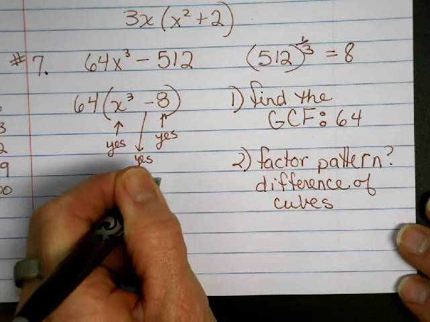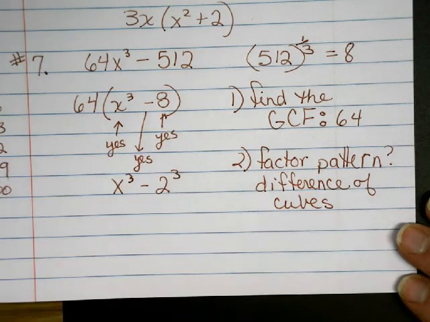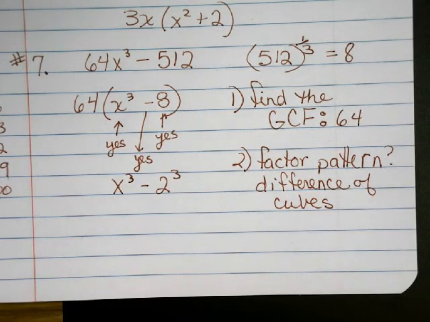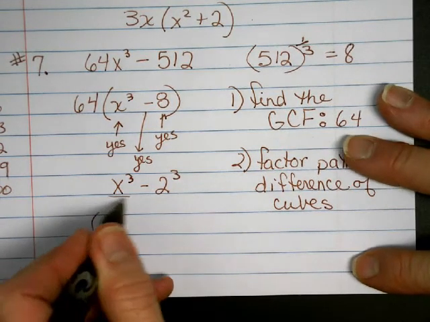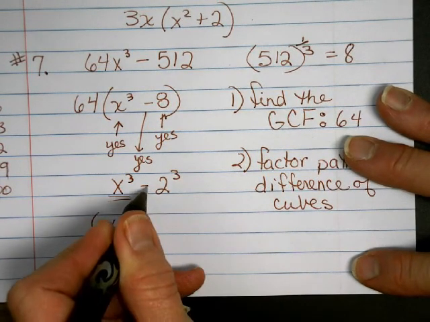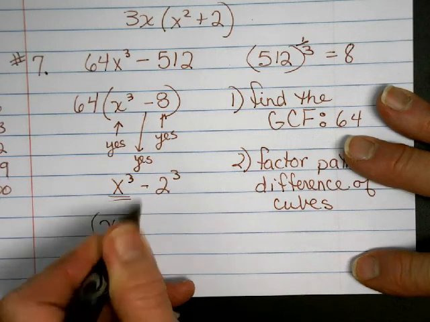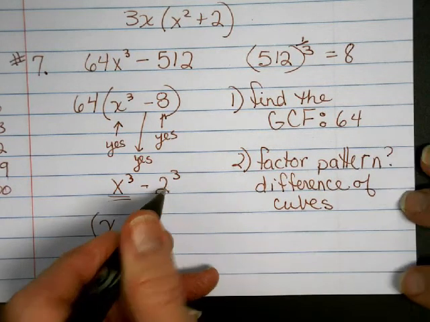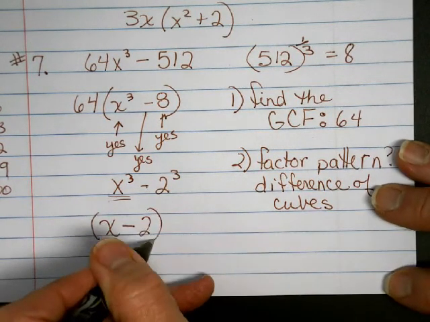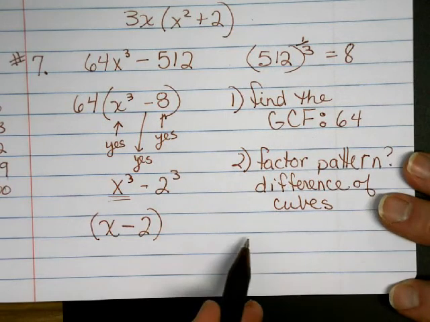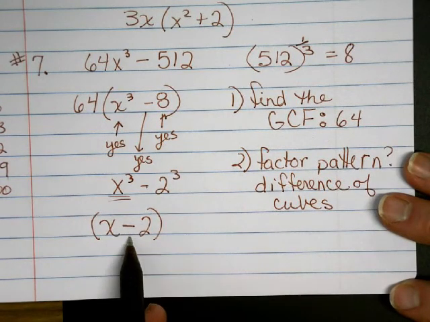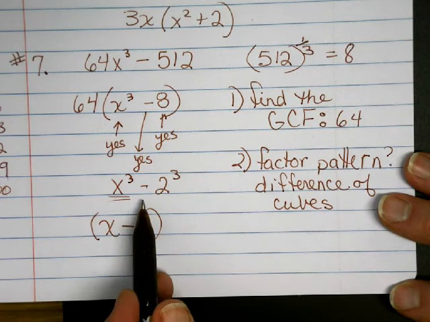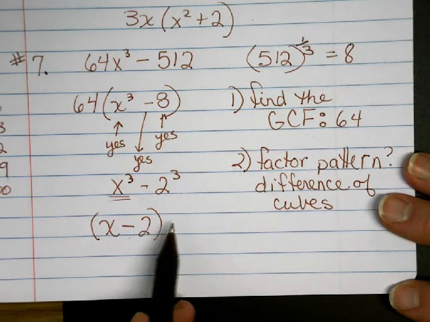Okay. This is x cubed minus 2 cubed. It's kind of handy to write it as a cube. Then when you go to put it in the pattern, you take the cube root of the first term, take the sign of the binomial, take the cube root of the second term, and in this pattern, there's only one subtraction sign.